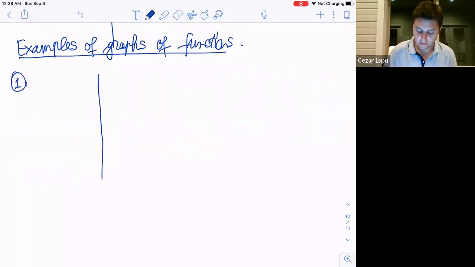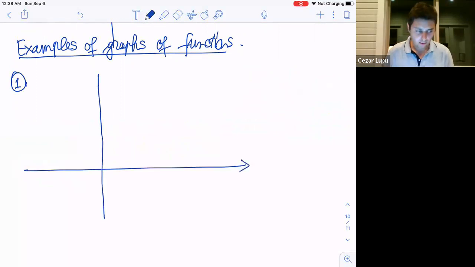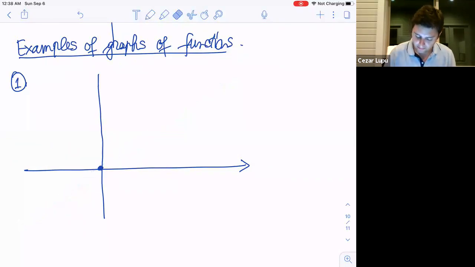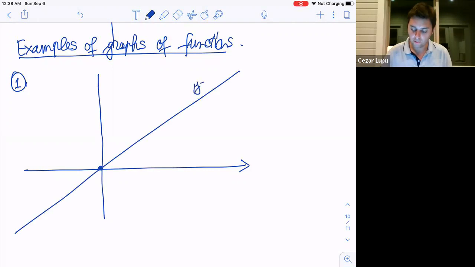We have seen this already. I'll draw a line. Oh, it didn't go through the origin. Anyway, so this is a line. Well, let's take it through the origin. Let me draw it again. So it will go like this. This is y equals x. So this is the line.